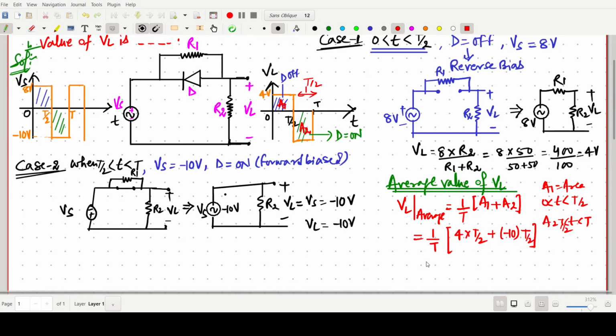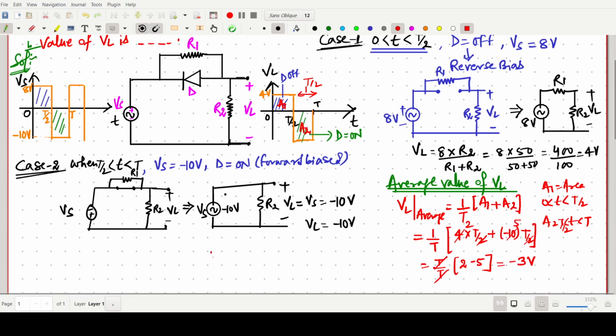So what we can write, this should be 2 and this should be 5. If we take T common, so T by T, and this should be 2 minus 5. This T will be cancelled out, so it should be minus 3 volt. So we can easily say the VL value is now minus 3 volt.